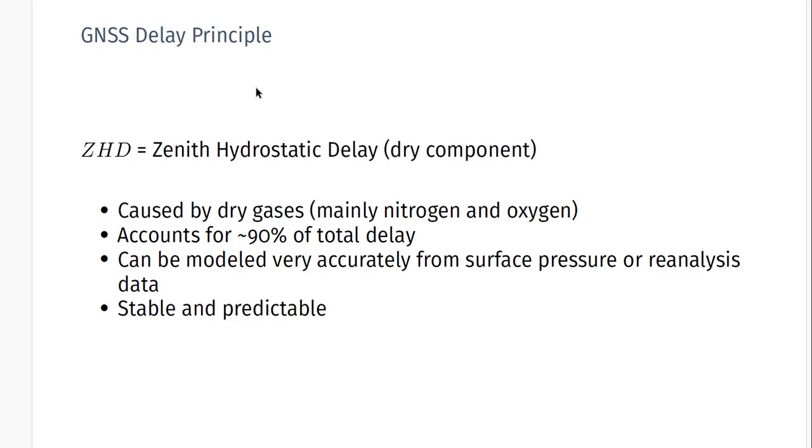So I just talked about the hydrostatic delay, or also the dry delay. It's mostly caused by the dry gases, so nitrogen and oxygen, and that is changing throughout the season. It's the largest part of the signal. So 90% of the delay is made up by seasonal changes, by the movement of seasonal air masses. The good thing about this large signal is that it's very stable and predictable. So we know how it changes throughout the season, and we can model it.